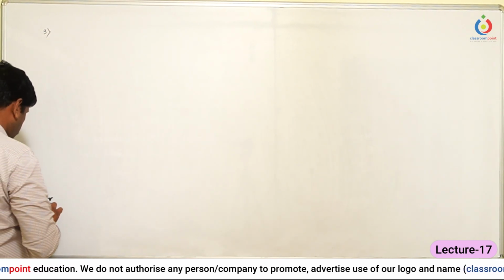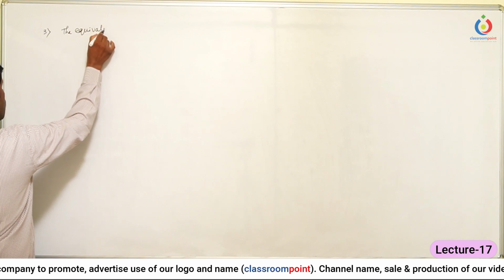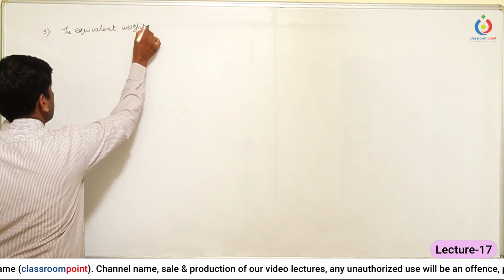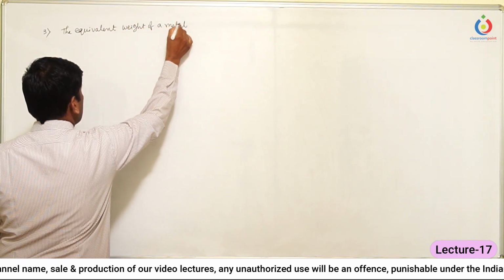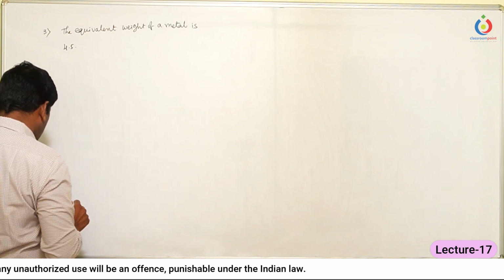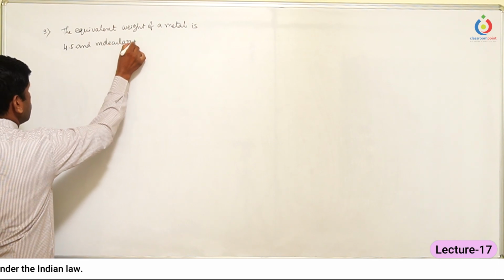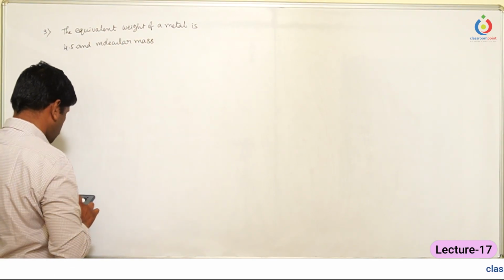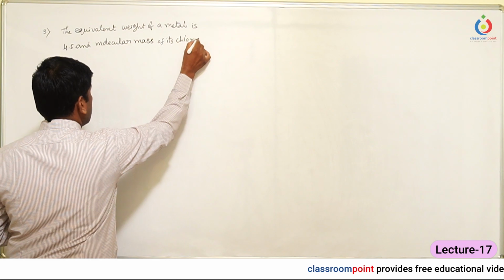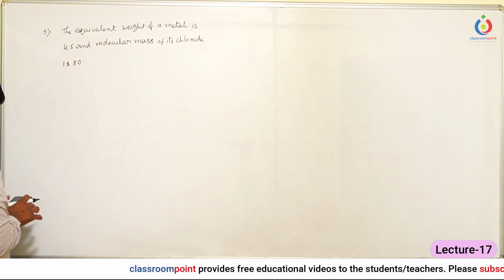Question number 3. The equivalent weight of a metal is 4.5 and the molecular mass of its chloride is 80.